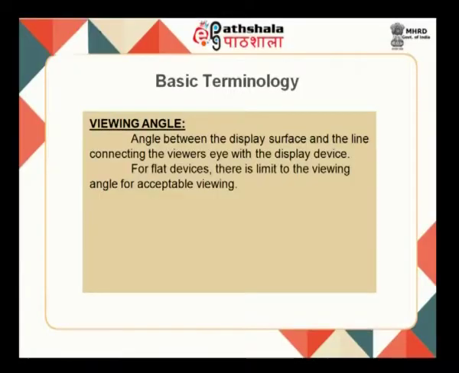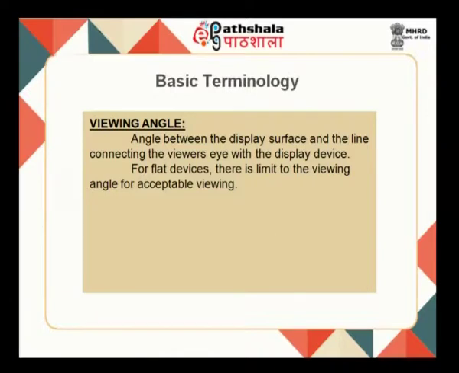But if you try to see it from an inclined angle, you will have a different color setting, and things appear differently than when you are sitting exactly straight.